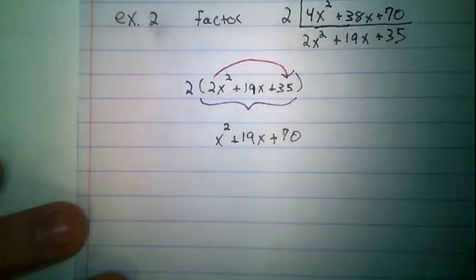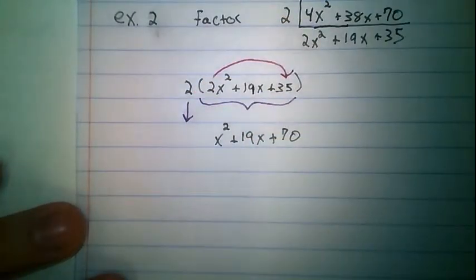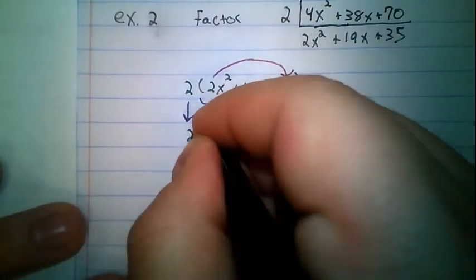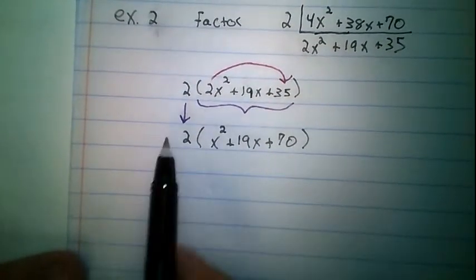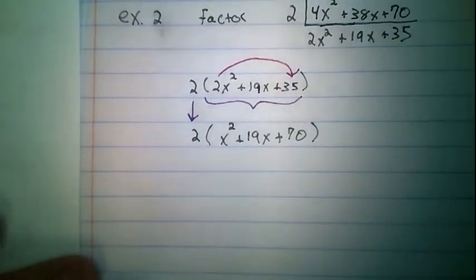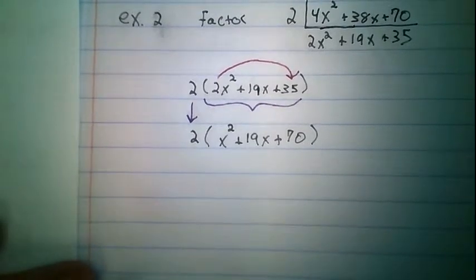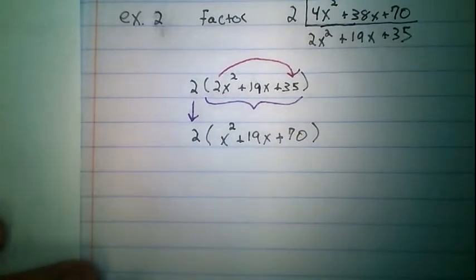As I keep going down, the 2 that I took out always comes down with me. Now, you can wait and just bring it down at the end, or you can bring it down each step if you want, in case you're afraid you're going to forget. I usually just wait till the end, but I've been doing this for so long that I know I'm not going to forget. So it might be good practice for you to bring it down every single step.